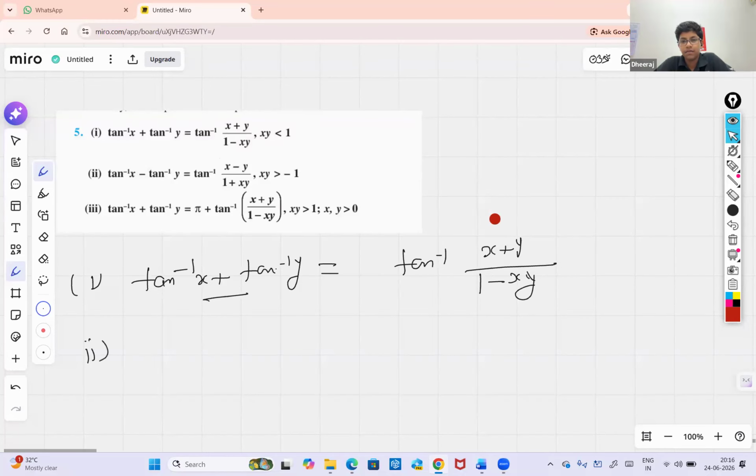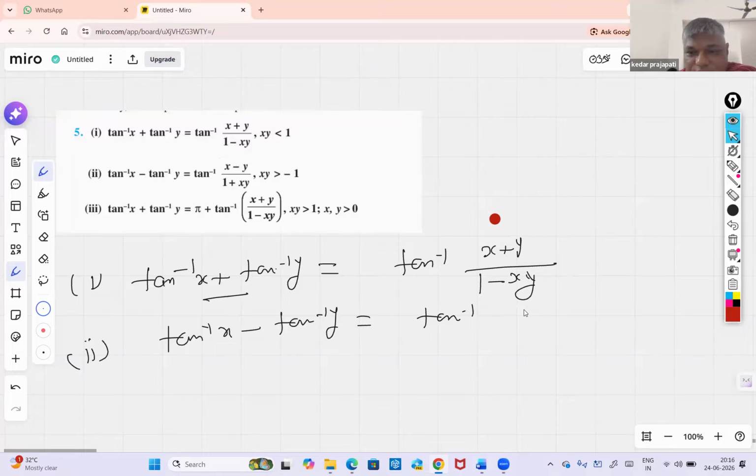Second property is tan inverse x minus tan inverse y will be tan inverse of (x minus y) divided by (1 plus xy). This time it will change, right?